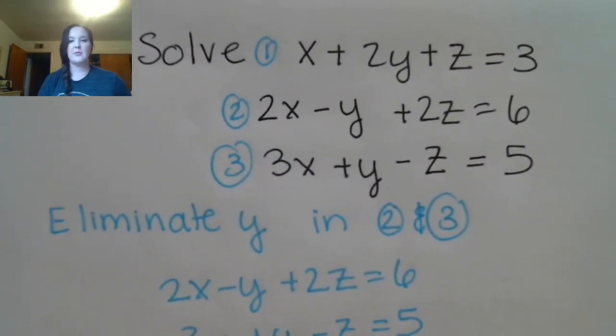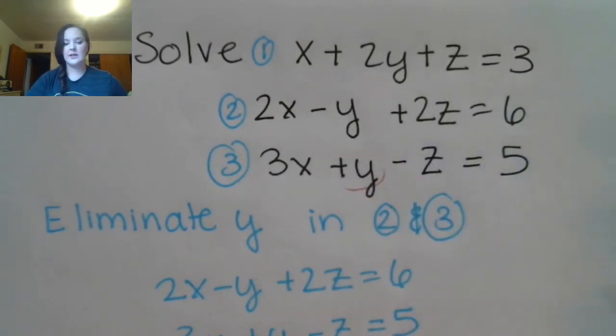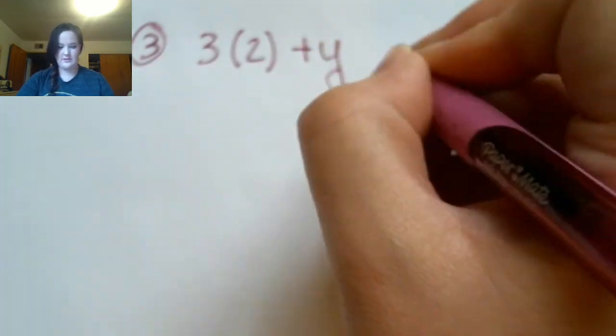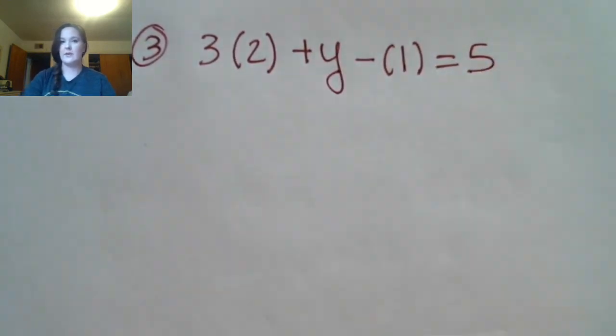Now our very last step is I have the value for x and I have the value for z. I'm going to pick one of my very original equations from the very beginning of the problem and solve for y. Now I can see that y is alone in this equation, so I'm going to choose that one. So I'm going to choose equation 3, which was 3x plus y minus z equals 5.